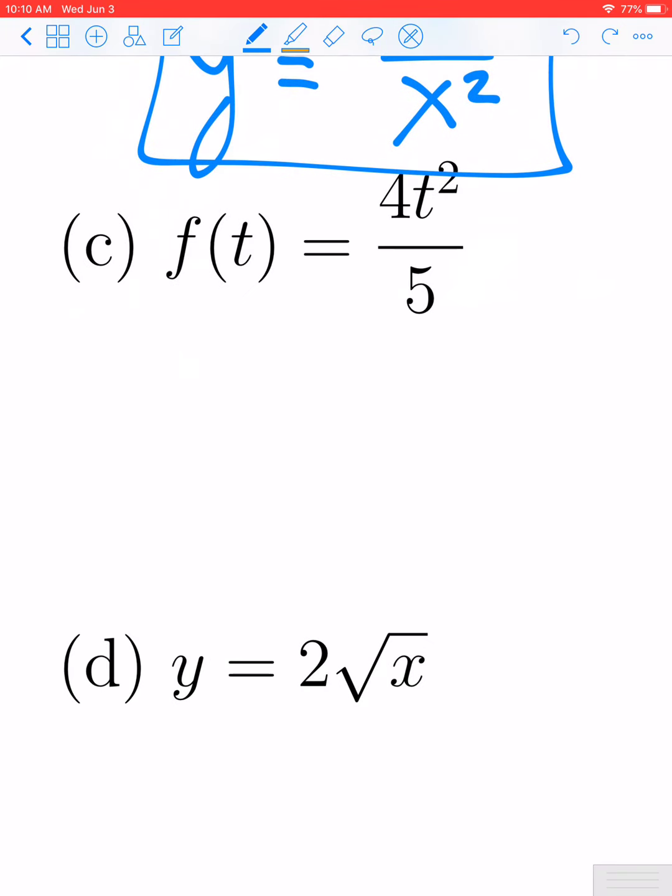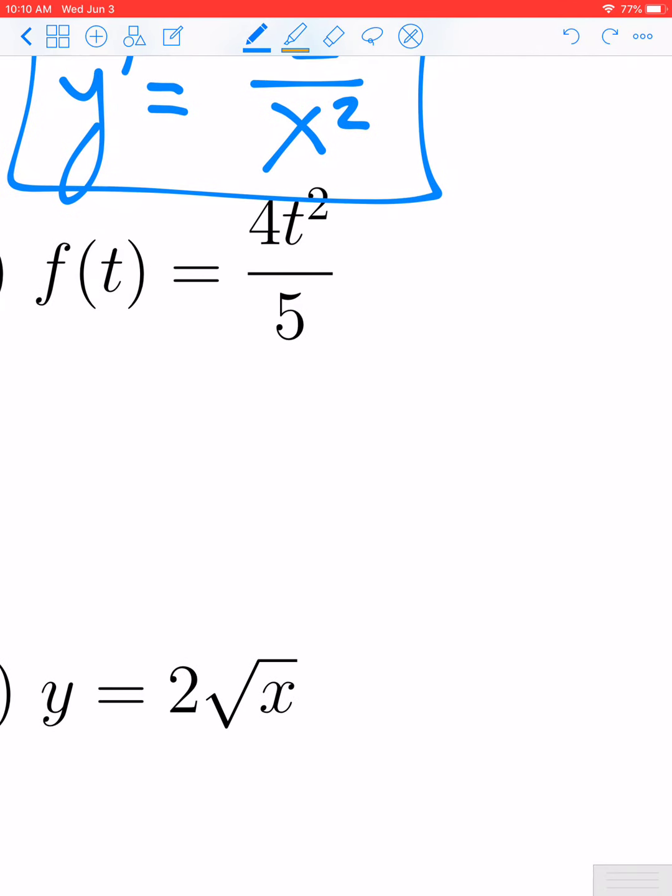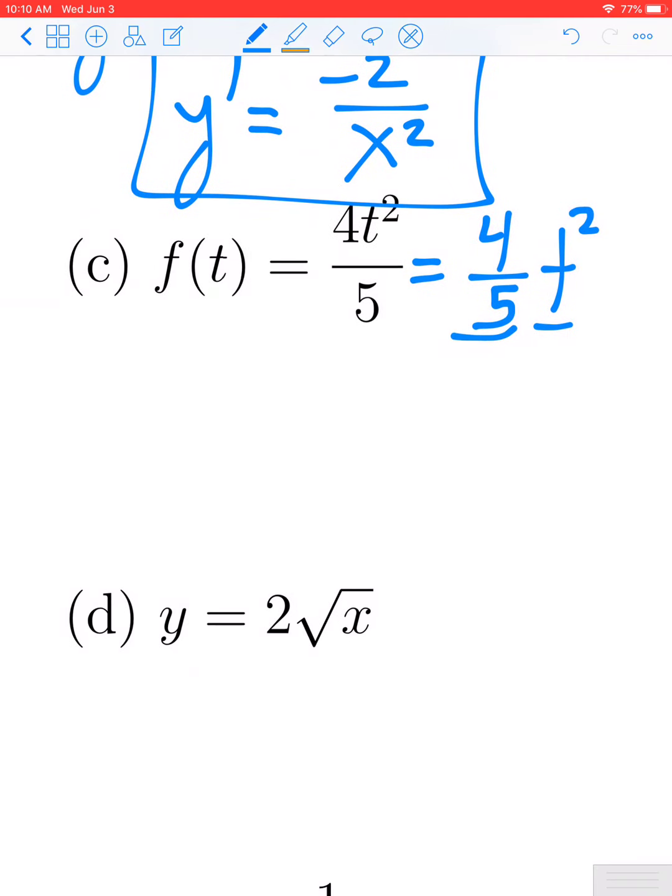Let's take a look at part C. Again, if I want to, it's a very minor rewrite, but I find it oftentimes to be very helpful. If we have 4t squared divided by 5, that's equivalent to the fraction 4/5 times t squared, and now it looks more directly like a constant times a function of t. We can apply our derivative. F prime of t would be equal to, let's leave the 4/5 alone.